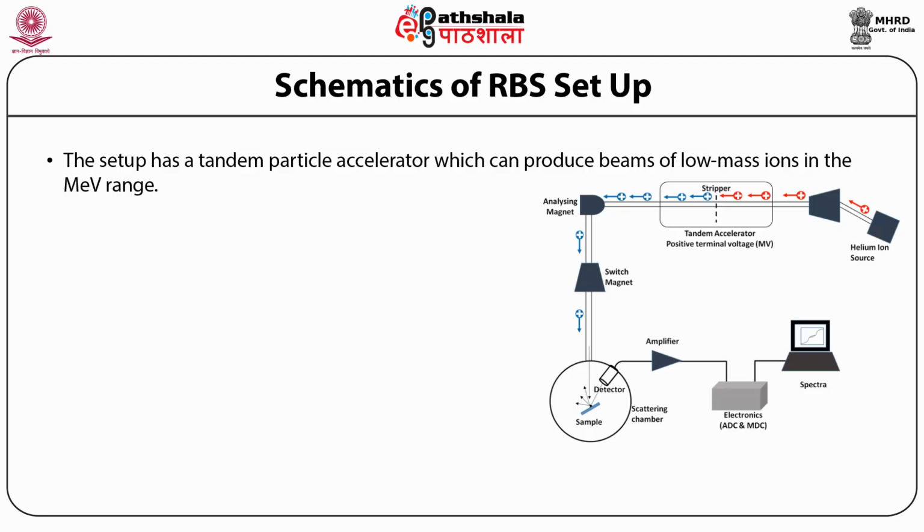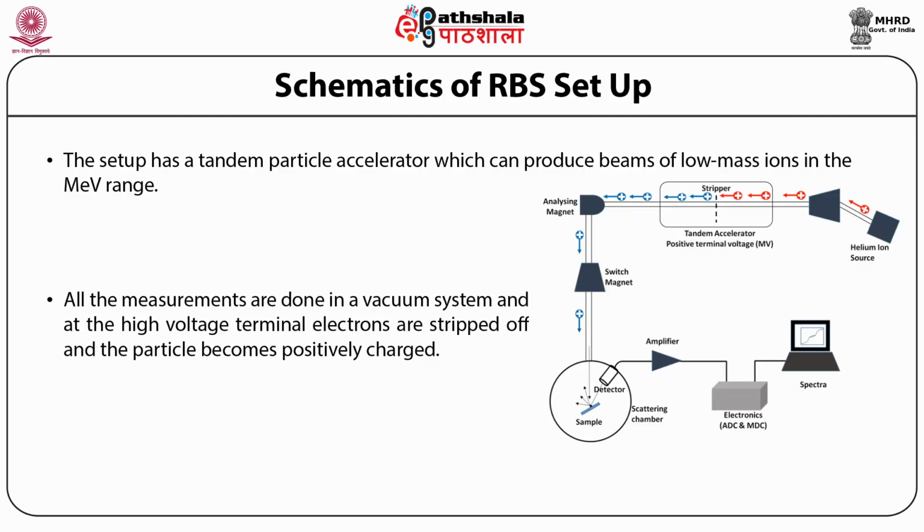It generates negative ions which are subsequently accelerated towards positive potential. All the measurements are done in a vacuum system, and at the high voltage terminal electrons are stripped off and the particles become positively charged.